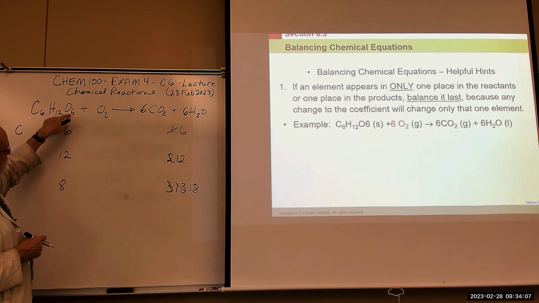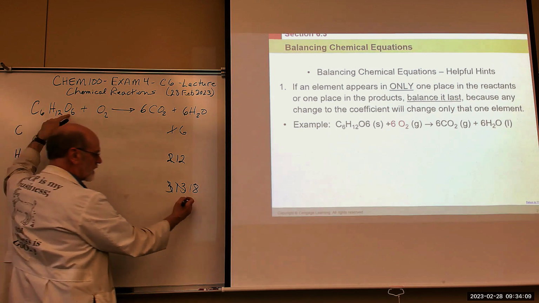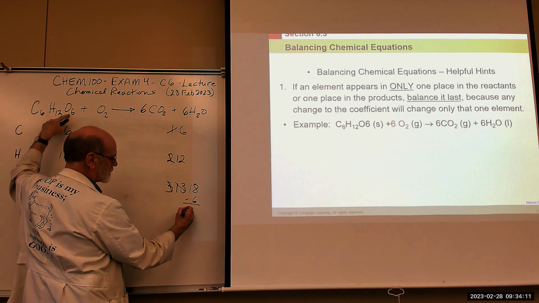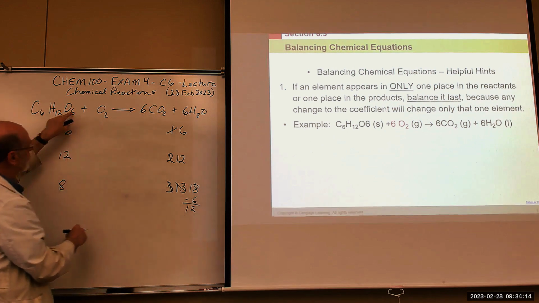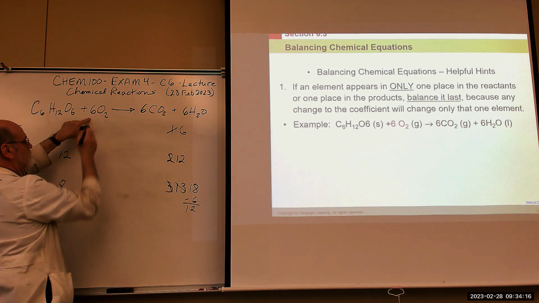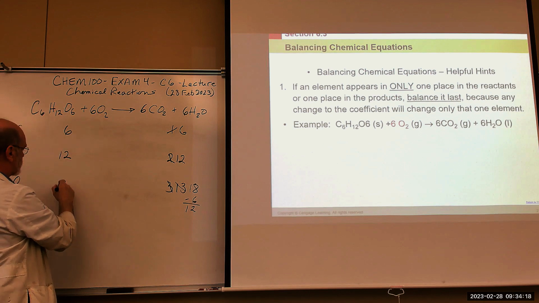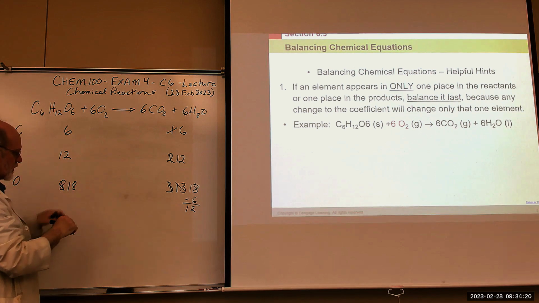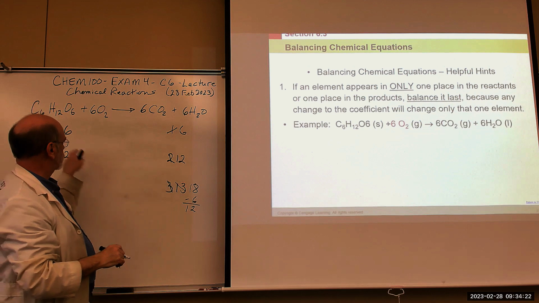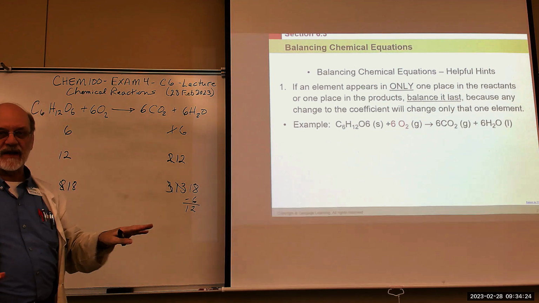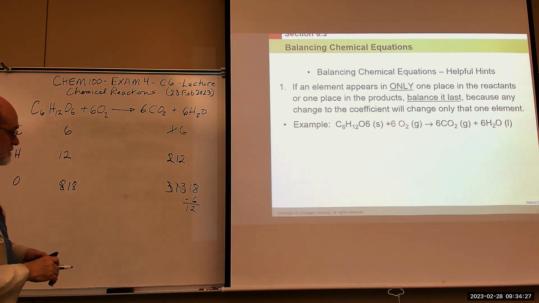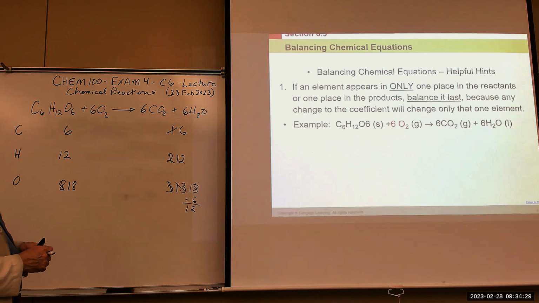Okay, we've already got 6 here. So 6 from 18 is 12. We need 12. So there you go. That's 12 plus 6 is 18. And you can see 18, 18, 12, 12, 6, 6. Our equation is balanced. That's my budget method.